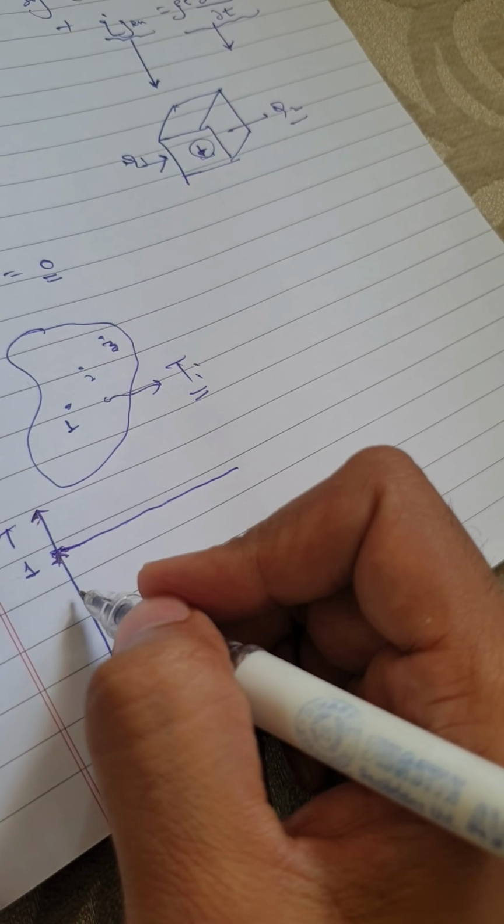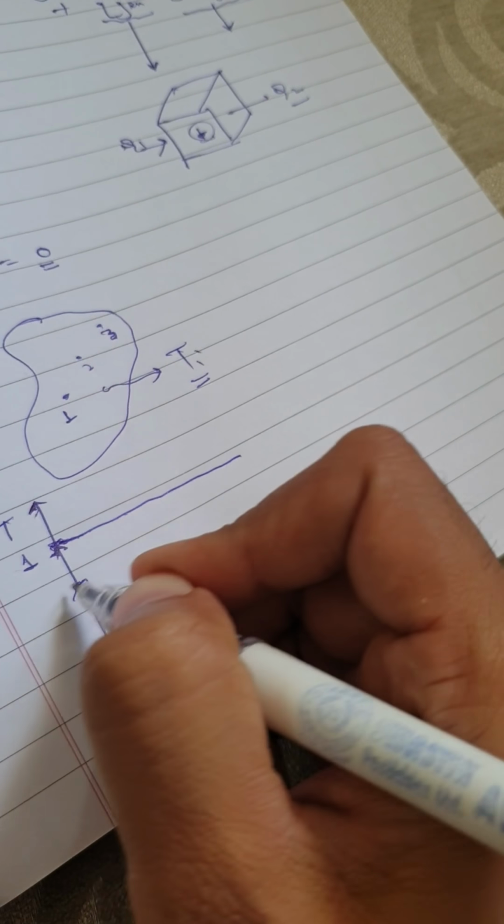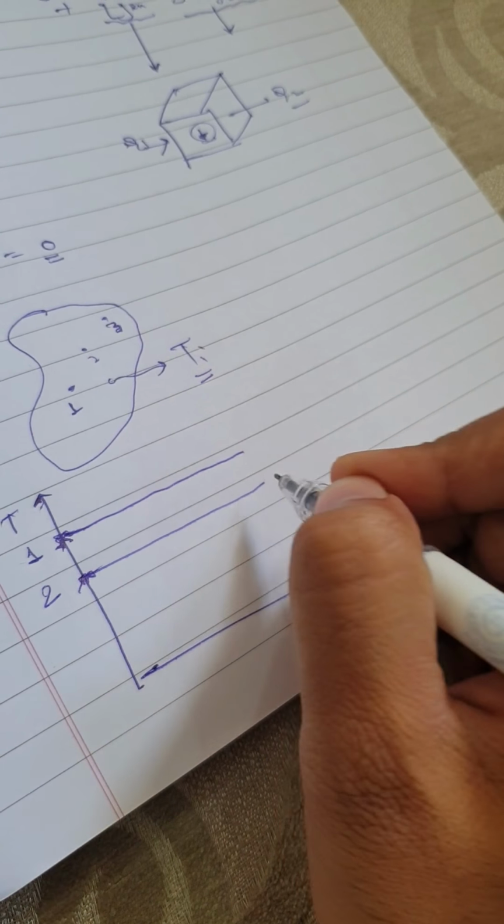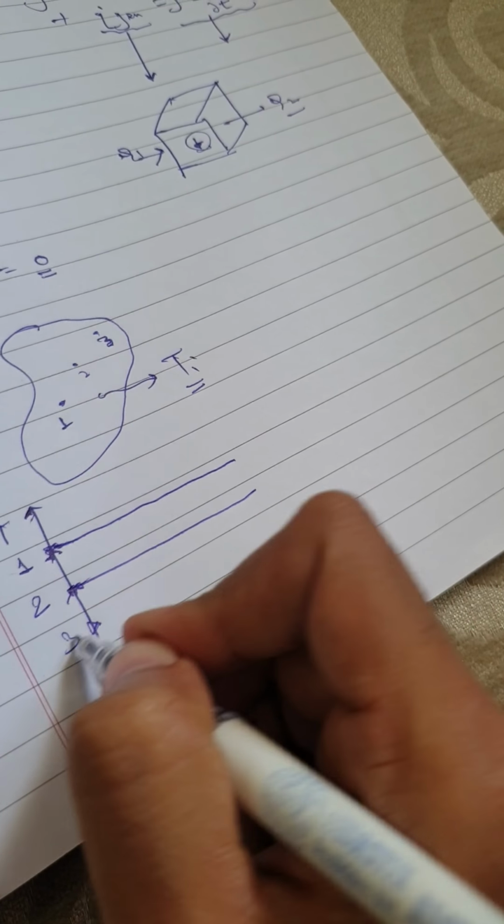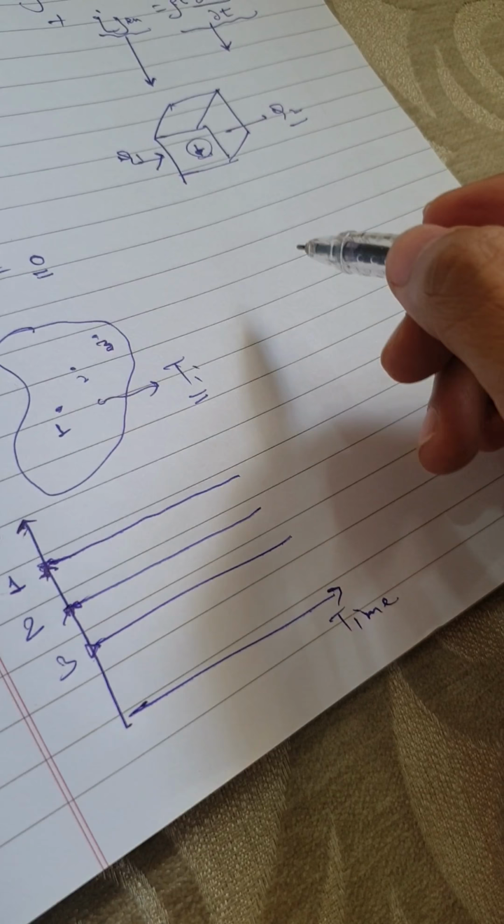This is steady state. And point 2, suppose this is the temperature, then this is not going to change. Suppose point 3, this is the temperature, it is not going to change.